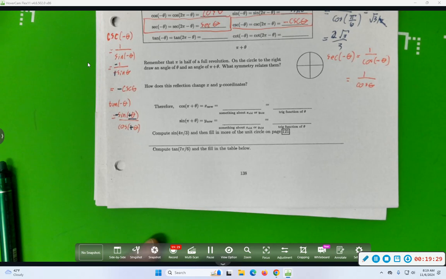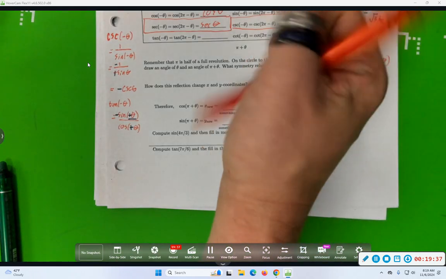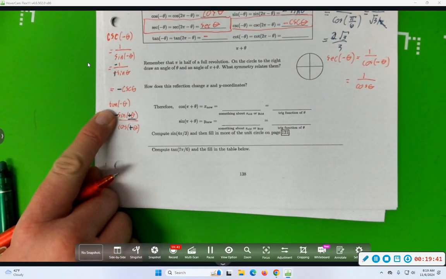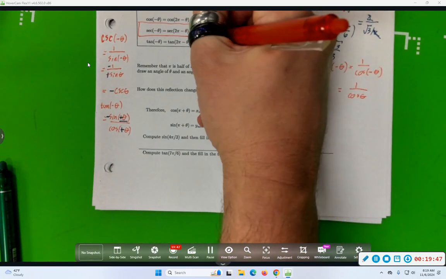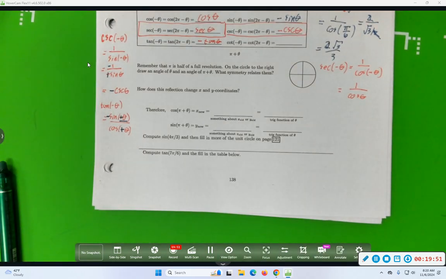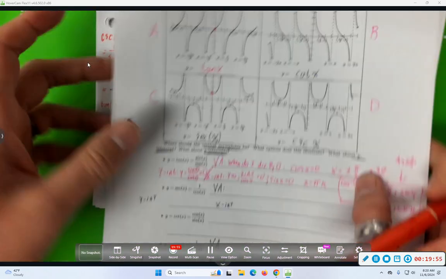Oh, so what is that now, just in terms of a single trig function? Pull the negative out front, and then you're left with sine over cosine, also known as tangent. Cool. So tangent is also odd, and in fact, you already knew that.